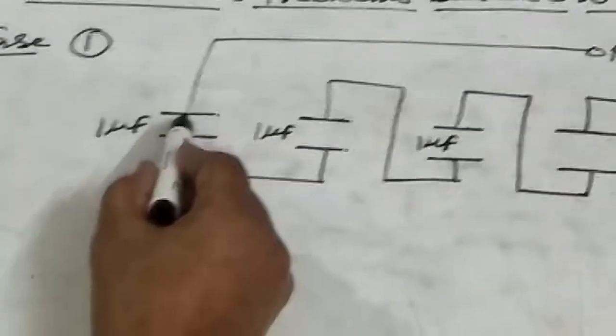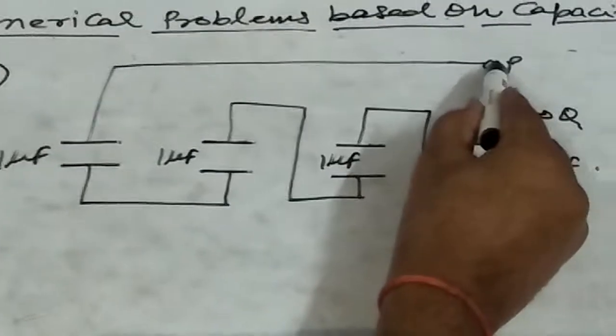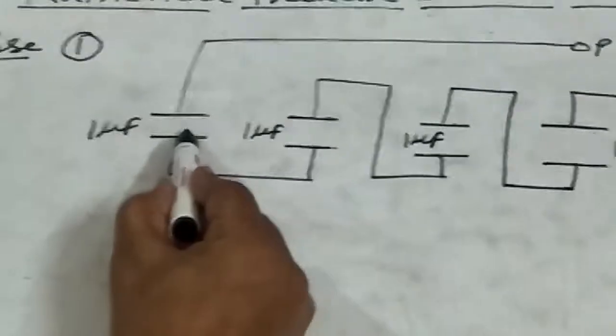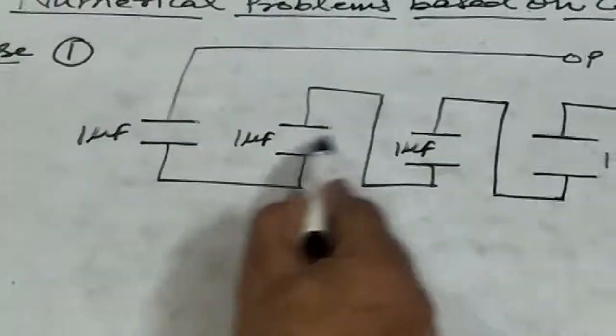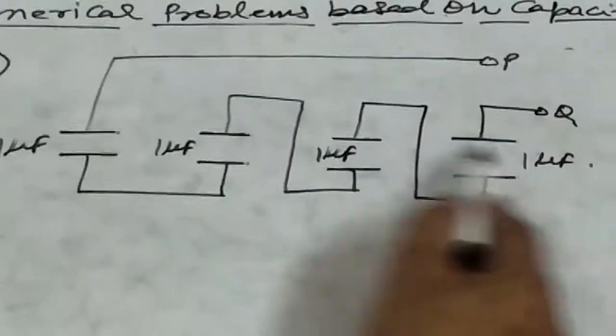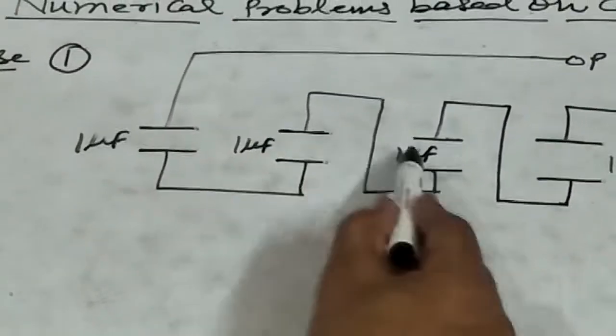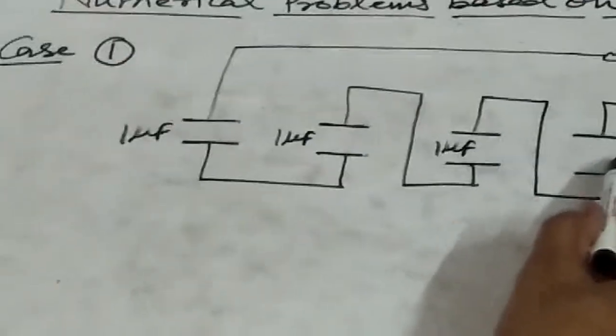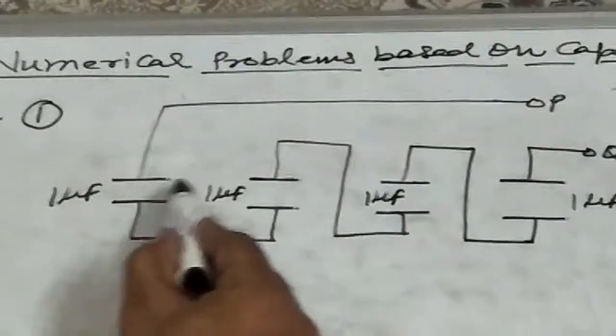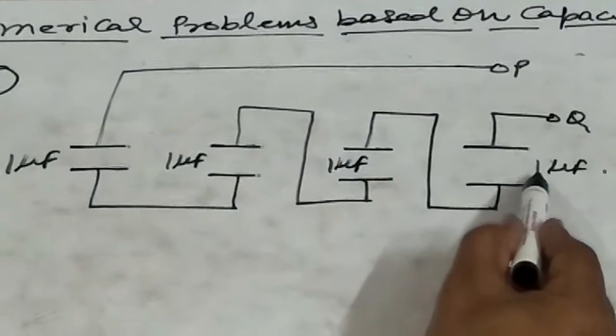Take one more example, like here across P and Q, 4 capacitors of capacitance 1 microfarad are joined like this. It looks 1 microfarad, 1 microfarad, 1 microfarad, 1 microfarad. Here it looks that all these are connected in parallel, but between PQ all these capacitors are joined in series.